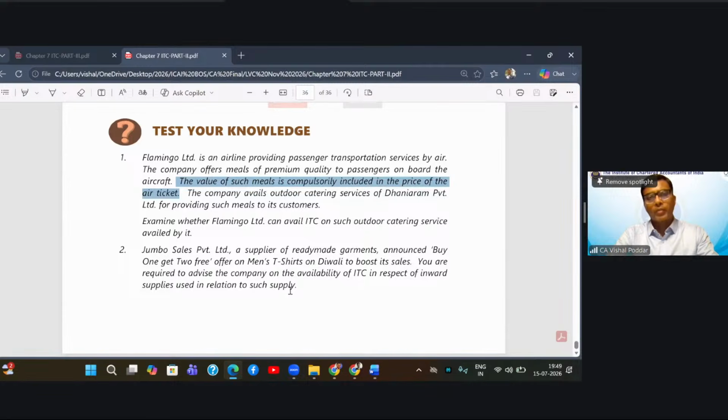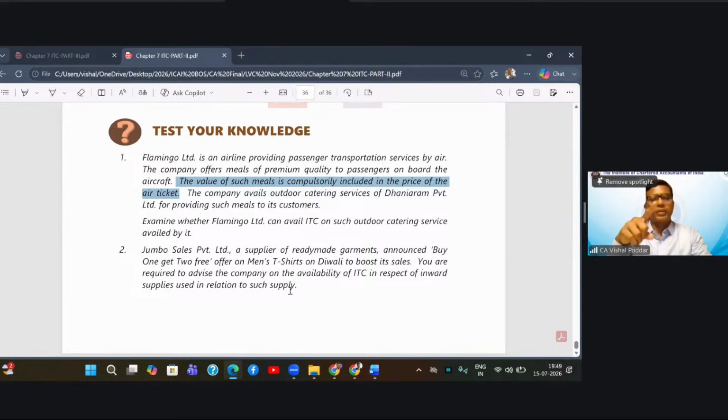I'm sure you all know that there are varied circulars which are issued by the CBIC for clarifying various aspects. Now, in relation to this particular item, firstly, understand that you are giving some of your outward items free. So here, on the occasion of Diwali, you are giving t-shirts under this scheme, which is a buy one get two free offer. So when you are giving something free, the question is that 17(5)(h) becomes applicable, so the credit should not be allowed.